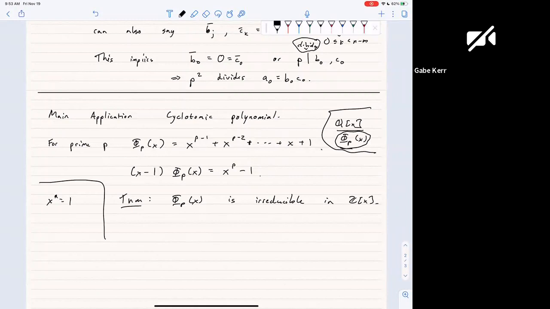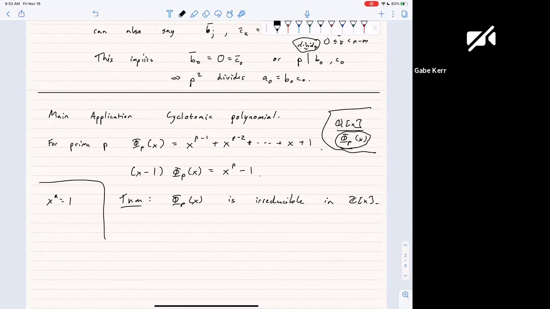And for that, we can use Eisenstein's criterion. But it would be hard to use Eisenstein's criterion on this polynomial directly, because I can't find a prime that divides all of these coefficients, which are all 1. So it's kind of funky.